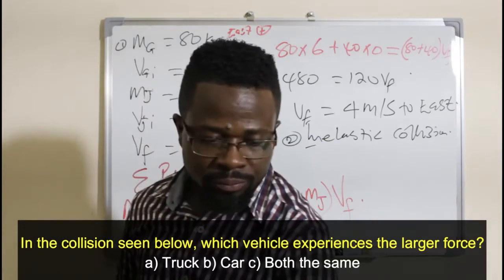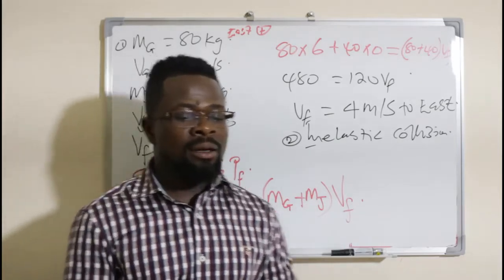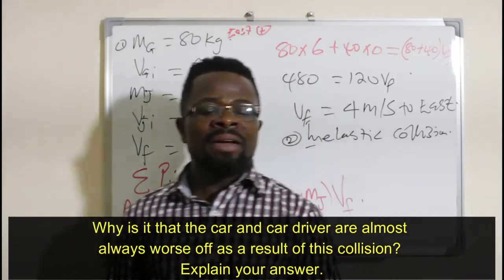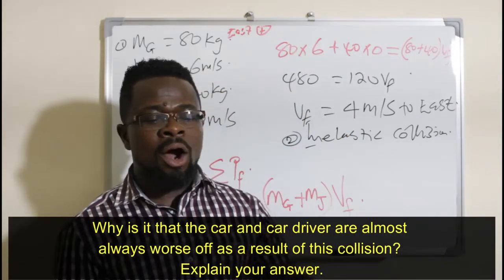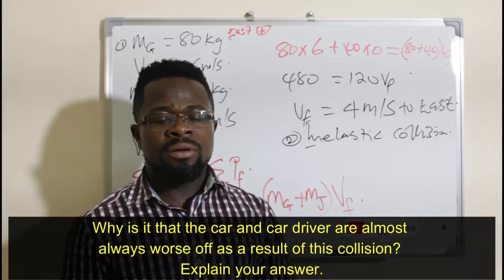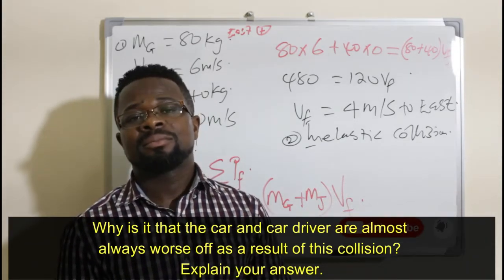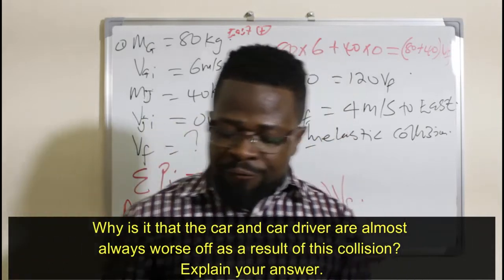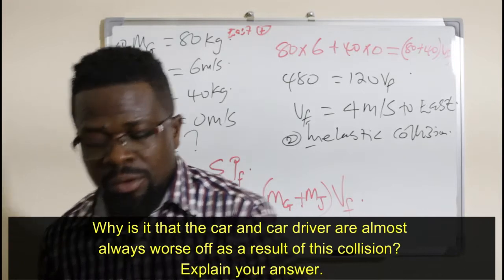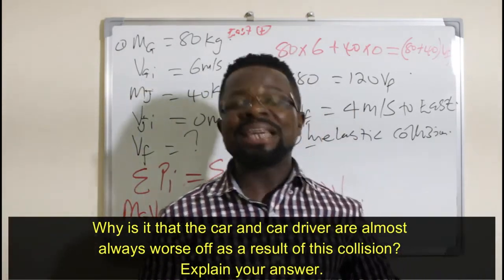Alright, let's move on. The next question is saying, why is it that the car and the car driver are always or almost always worse off as a result of this collision? Explain your answer. If we look at the first problem that we solved, we said they are having equal forces. But now the truck is bigger.